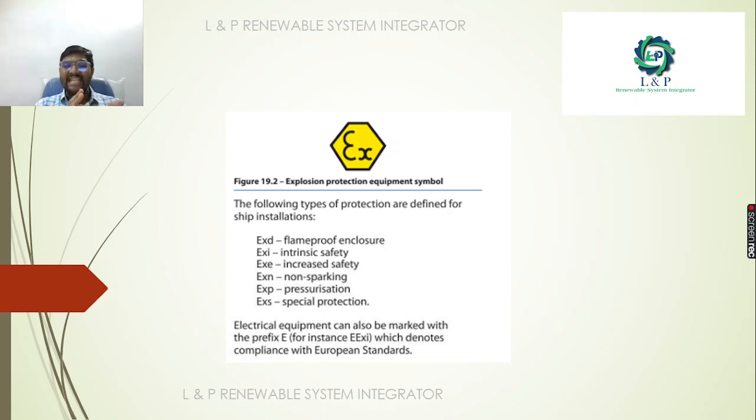One is EXD, that is flame proof enclosure. EXI, intrinsic safety. EXE, increased safety. EXN, non-sparking. EXP, pressurization safety. EXS, special protection. So whenever you plan an enclosure, make sure, based on your application, whether it is internal or external, that it has the following types.